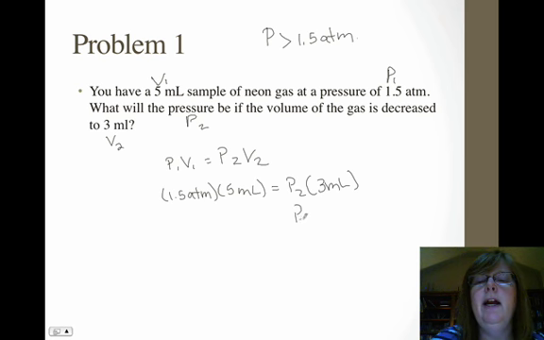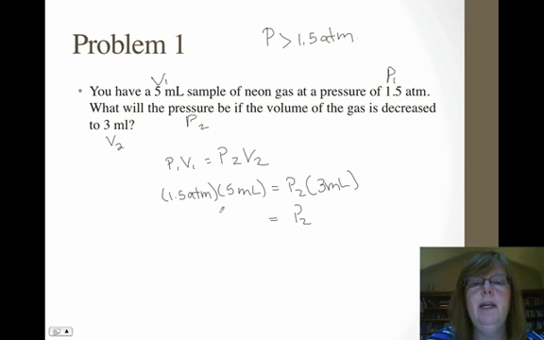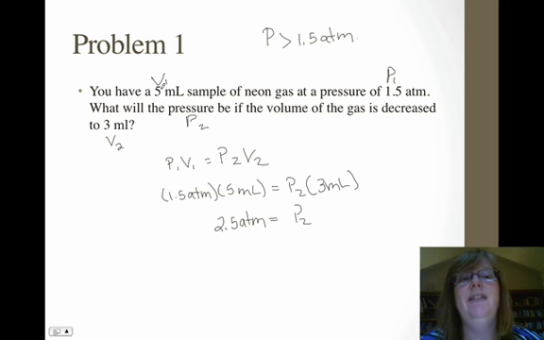So when we go ahead and solve for P2, it's 1.5 times 5 divided by 3. We come up with 2.5 ATM. And really, we should only have 1 sig fig because that was 1 sig fig and 1 sig fig. So we'll go ahead and round it up to 3 atmospheres. And did our pressure go up? It sure did. It definitely went up.